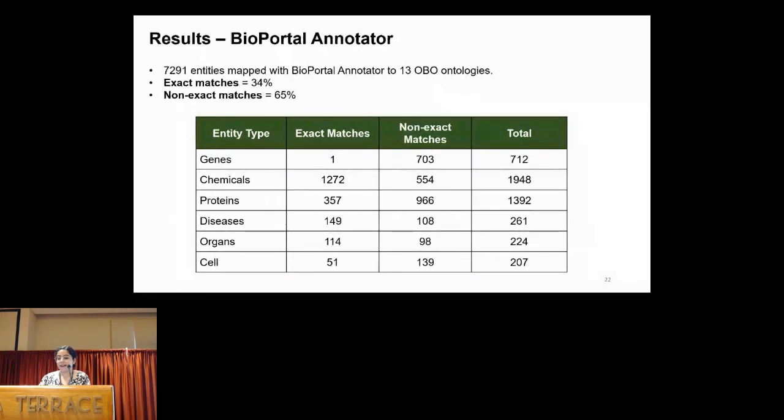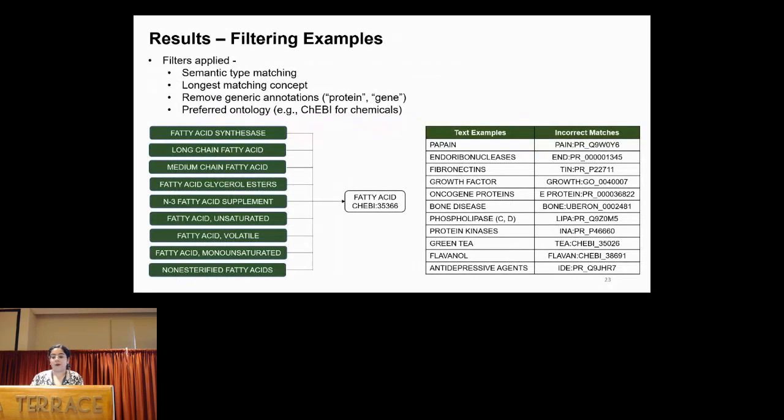So we looked at different entity types for the non-exact matches, including genes, chemicals, proteins, diseases, organs, body parts, and cells. And then we also applied filters on these non-exact matches, such as the semantic type matching, the longest matching concept extraction, removing generic annotations, and also including preferred ontologies, such as ChEBI for chemical types.